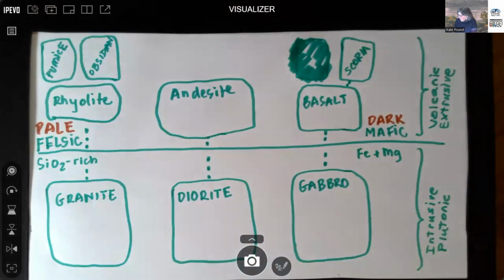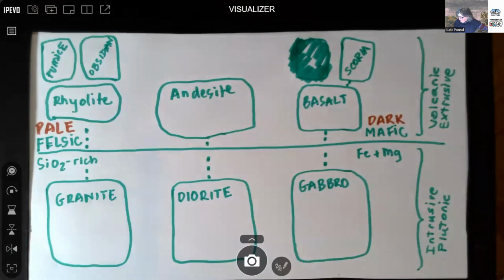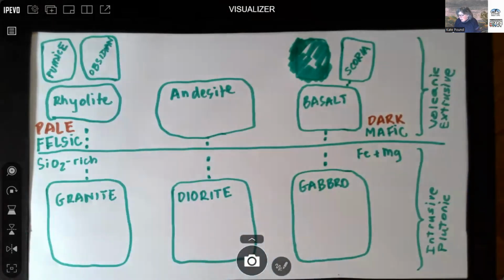Now, there's a few funky things here. First of all, let's think about the obsidian. It isn't pale colored, it's dark. That's because it cooled so ridiculously quickly that any impurities in it were just frozen in. It is volcanic glass. And the presence of those impurities means that the light can't move through it.